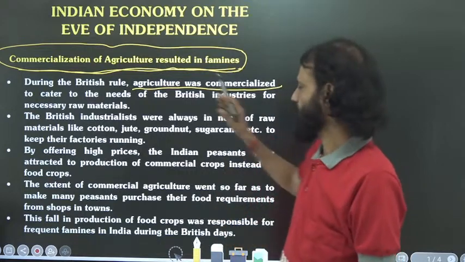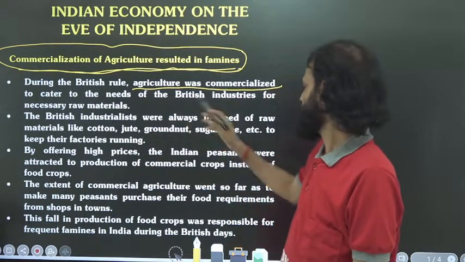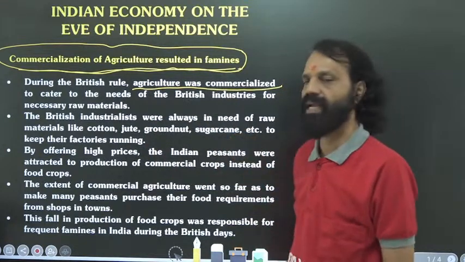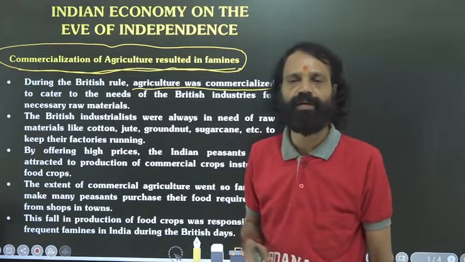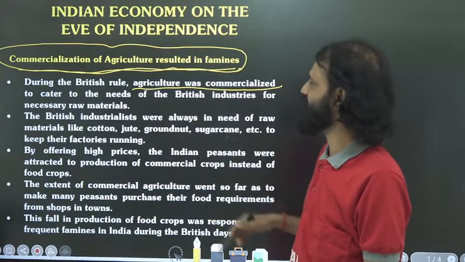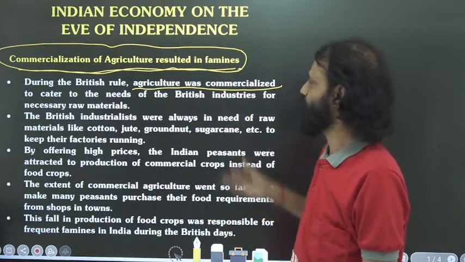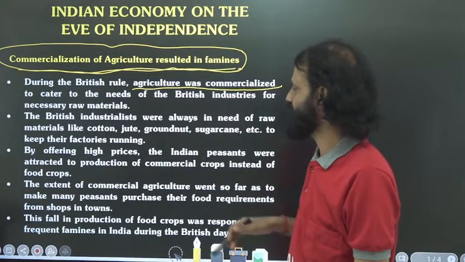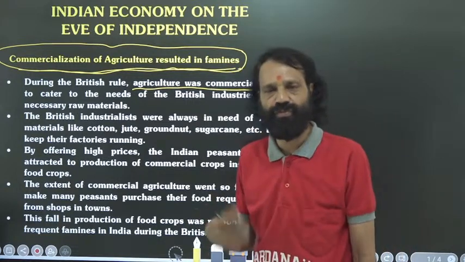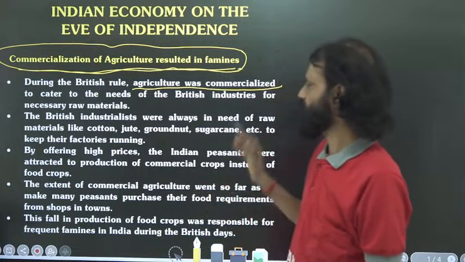So more cotton, jute, groundnut, sugarcane, raw materials moved from India to Britain. That was one of the main reasons why famines happened in India, because there was a shortage of sufficient food. You understood the point.